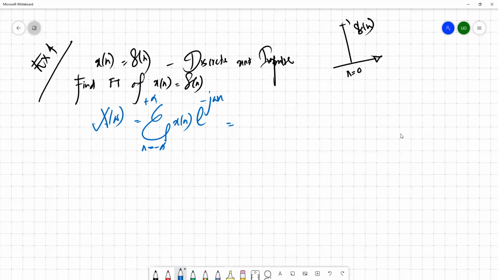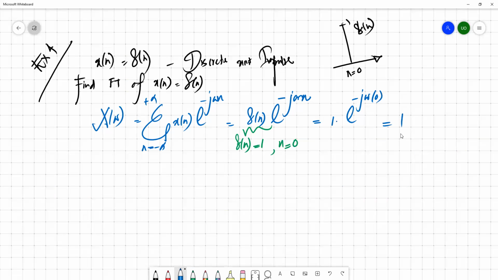So this simplifies to delta[n] e^(-jωn). Delta[n] is equal to 1 at n equals 0, otherwise it is 0. So we can simplify it further: this becomes 1 and n becomes 0, so this is 1 times e^(-jω0), which equals 1.